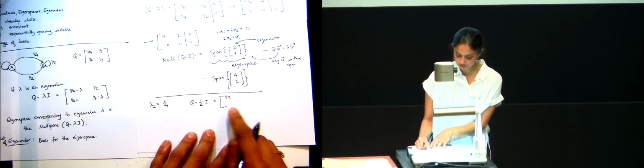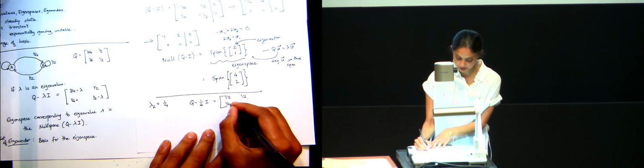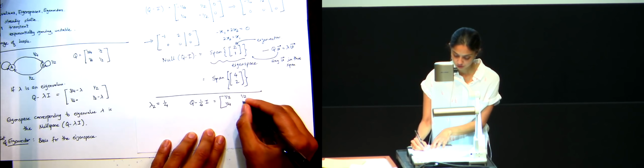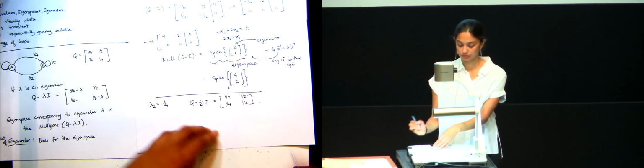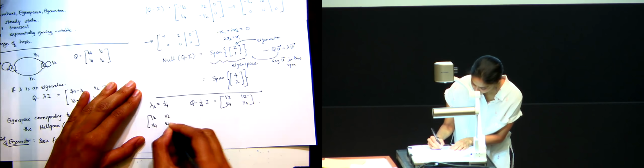One half, 1/2, 1/4, 1/4, right? And if I want to find the null space of this guy, I get 1/2, 1/2, 0, 0.